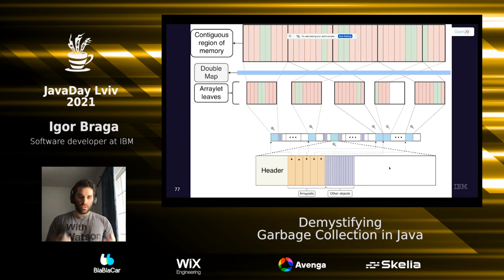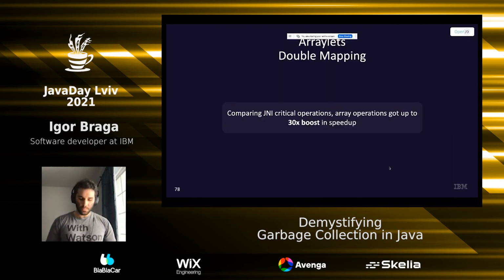For those APIs that require a contiguous representation of the array, all we have to do is pass the address of this second virtual memory, which has our contiguous array. Every modification we do there is reflected in the original array, which is really cool. And with that, we boosted array operations by about 30 times. That's quite good because we don't have to copy element by element to a temporary array anymore.